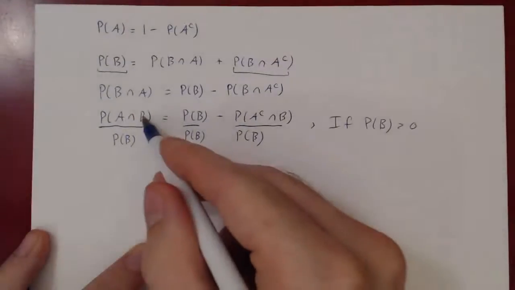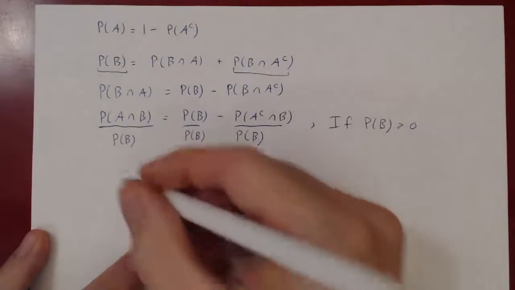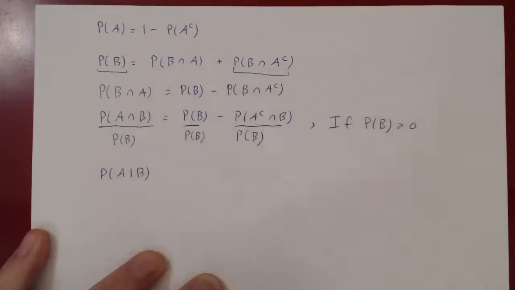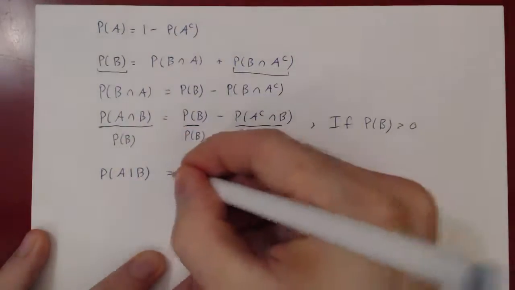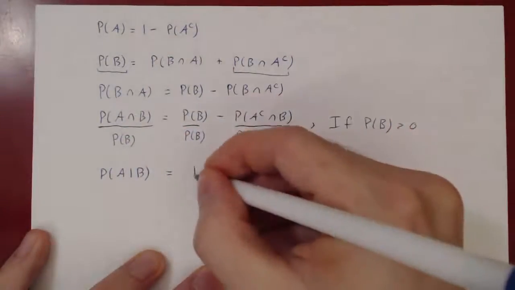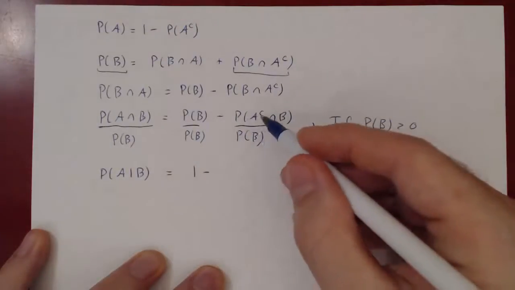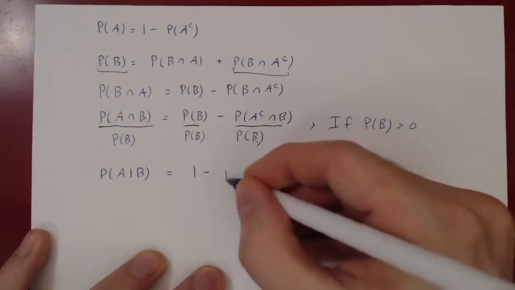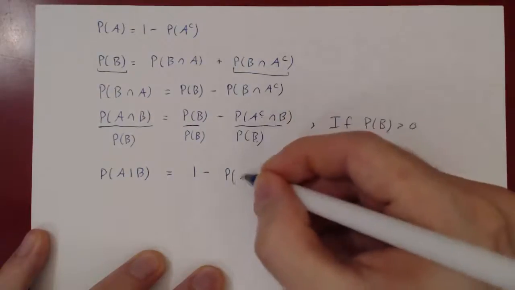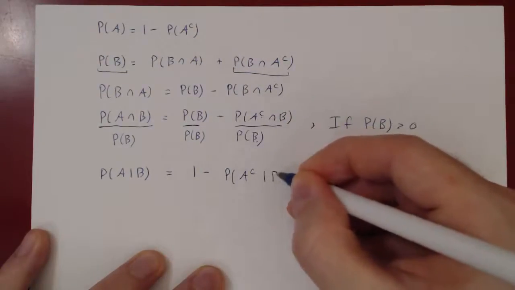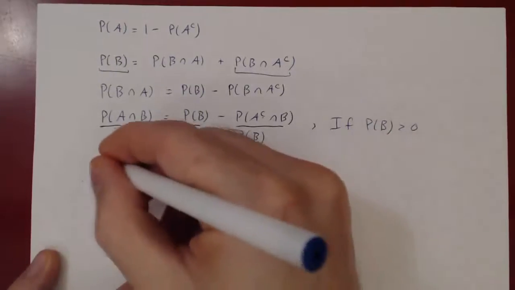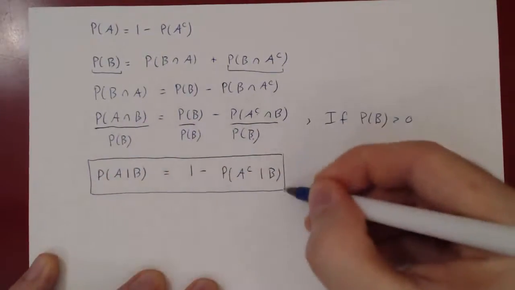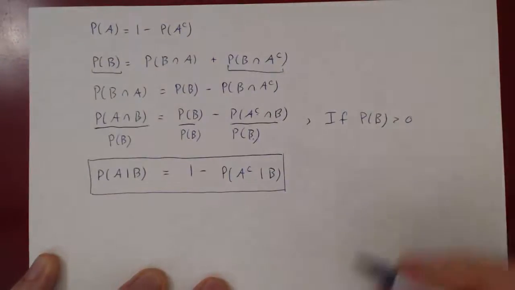P of A intersects B divided by P of B, that's the probability of A given B, equals P of B over itself is 1 minus P of A complement intersects B over P of B, that's the probability of A complement given B. So that's the complement rule.